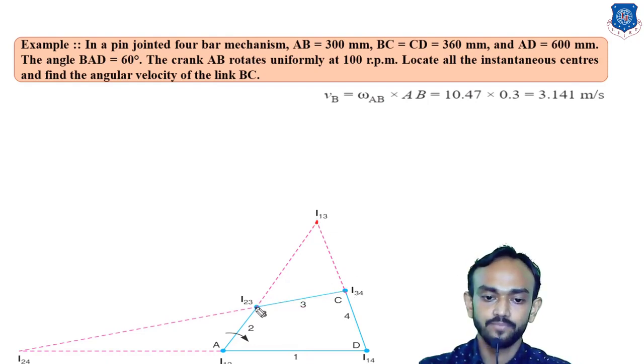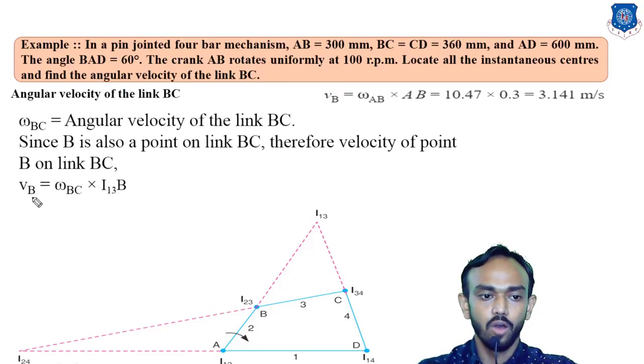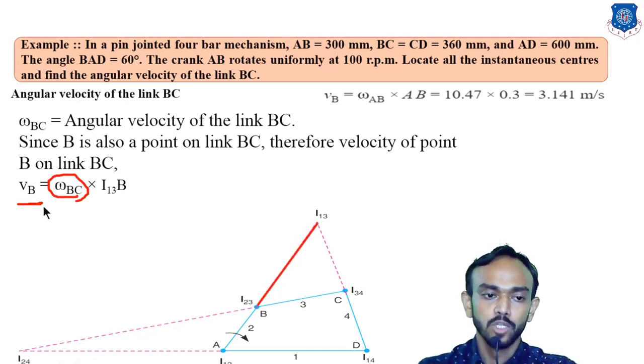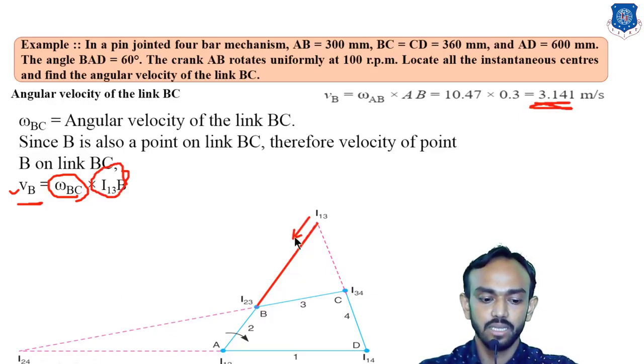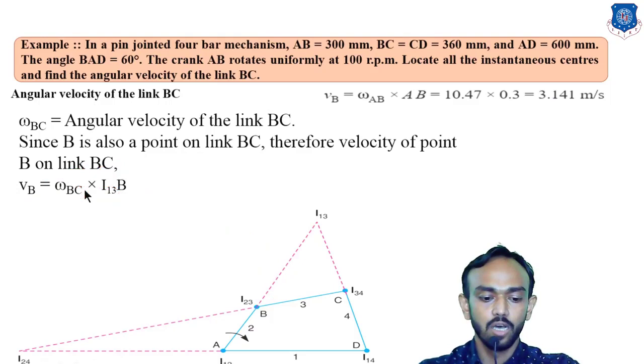So you can write the velocity of B is equal to the angular velocity of BC link times the distance from I13. We already know the velocity, and now we can measure this distance here, I13B.